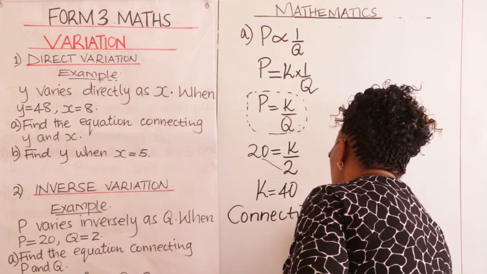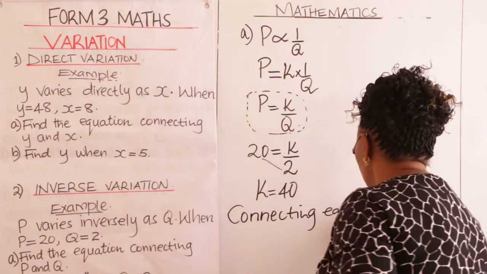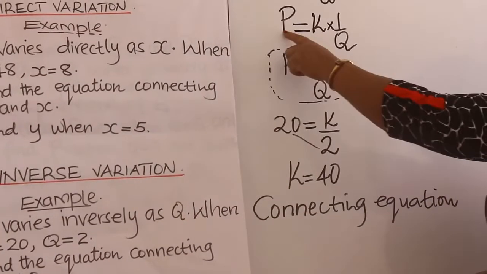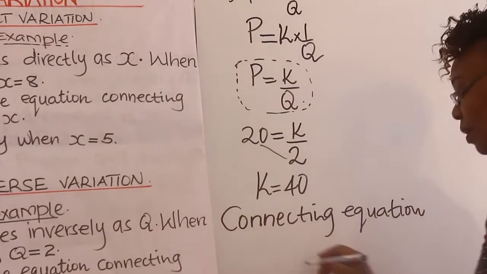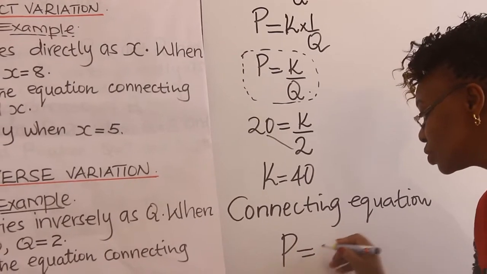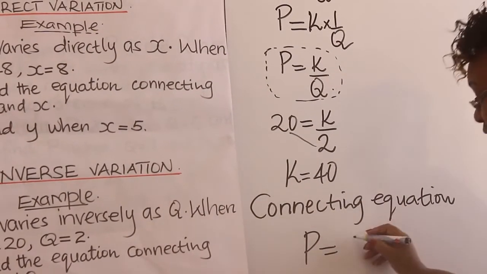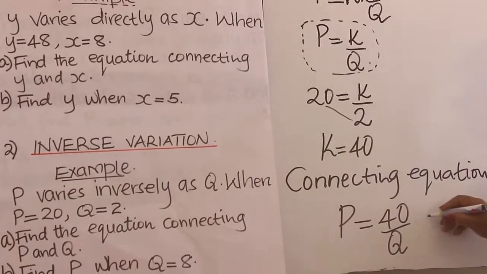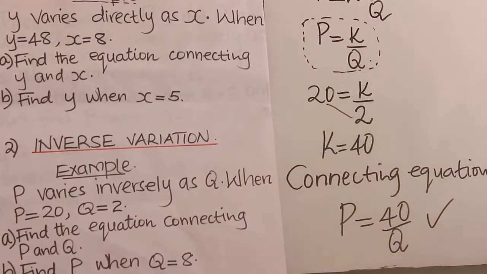Therefore, you write P is equal to K, which is 40, over Q. That is the connecting equation.